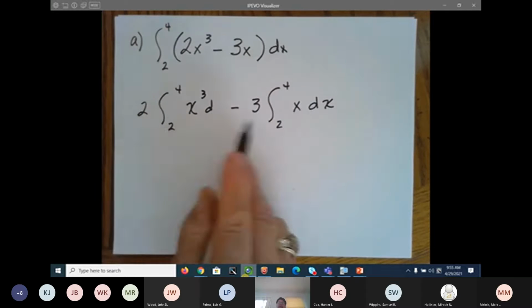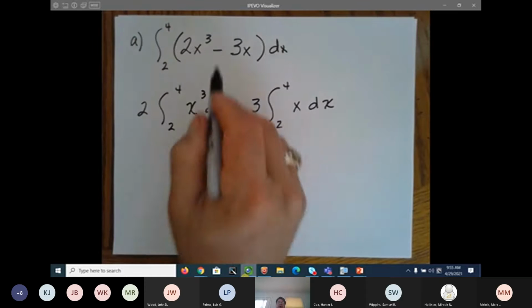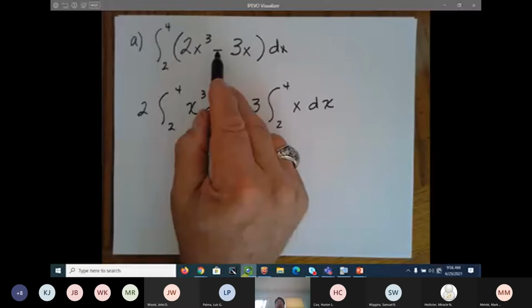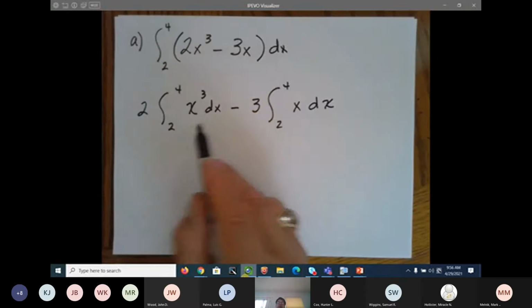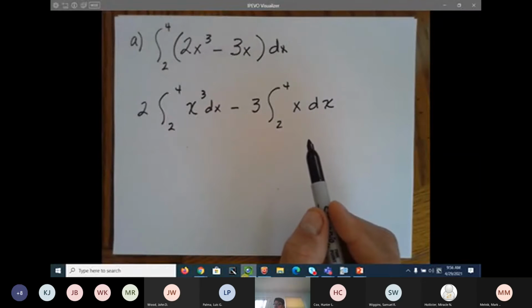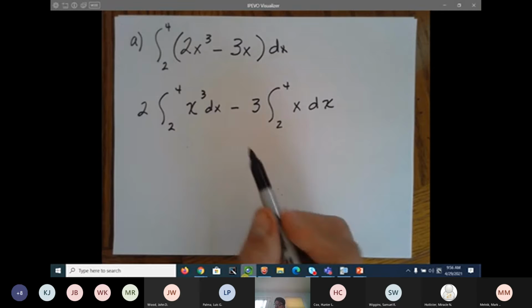Now, the reason I did this is so you wouldn't freak out because of this, all right? Since this is a minus or a plus, you can break this up into 2 different antiderivatives. Capiche? Now, if you don't want to do that, that's fine. But I just wanted you to know that you could do that.